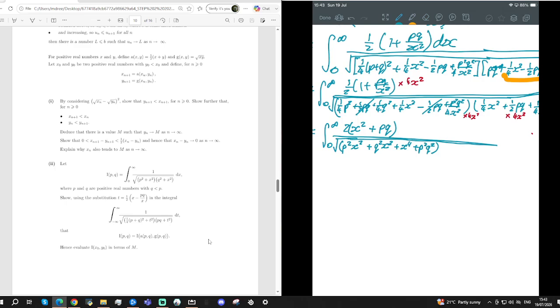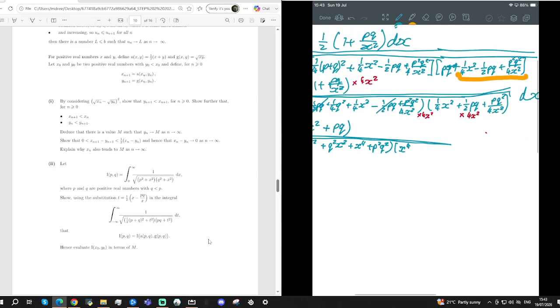But maybe, if I'm looking, yeah, still don't like the look of that. The second one is going to be x to the 4 plus 2pq x squared plus p squared q squared. I've lost the squared on that q. dx.